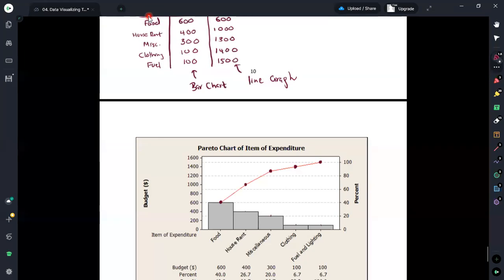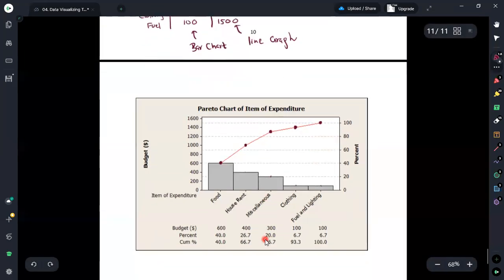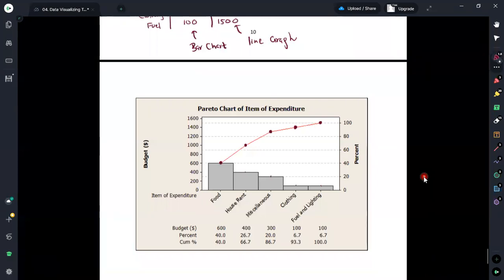And in this Pareto chart, there are some other things I have included. On the y-axis, generally it is the frequency, and on the x-axis, as I mentioned previously, the categories are there. But here I have included the percentages as well, though it is not mandatory to use percentages.